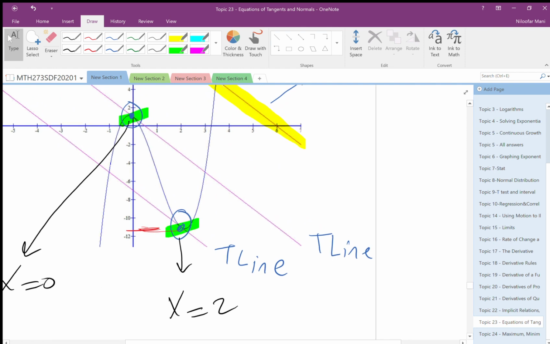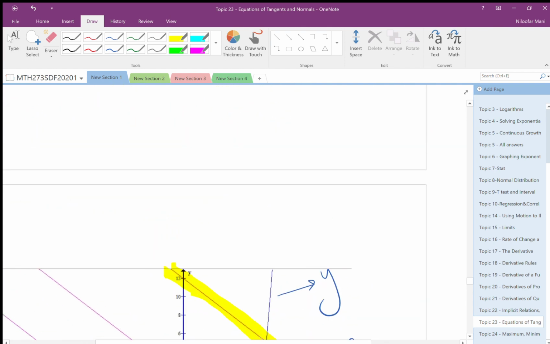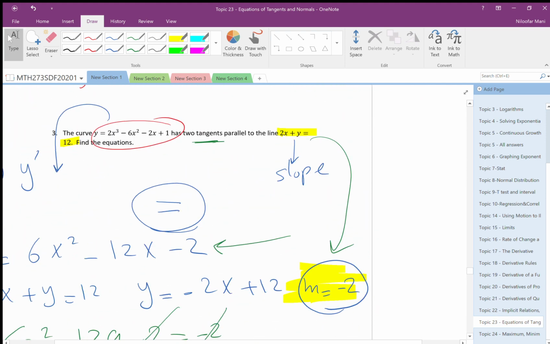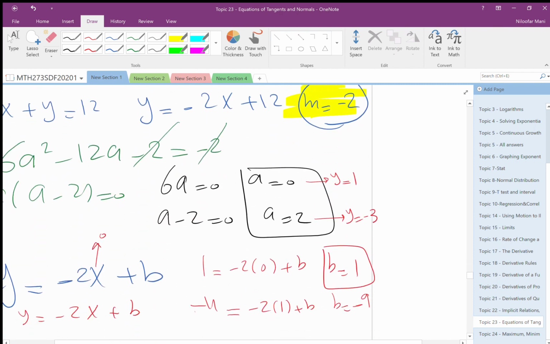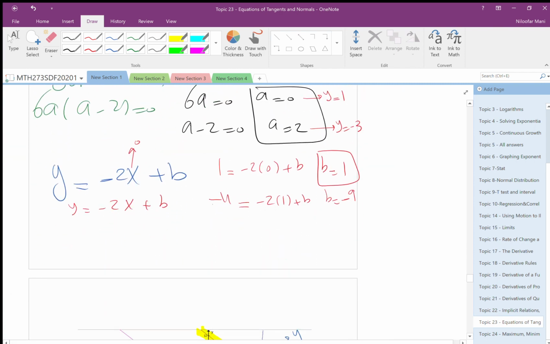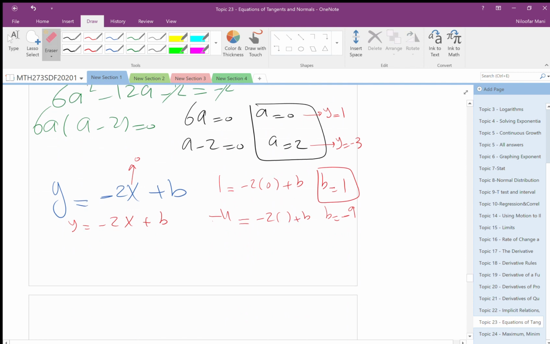It should be minus 7, so I made a mistake again somewhere. Did I say minus 11 for y? Yes. And sorry, x is 2, not 1. Okay, so I put 2 here, so it's minus 4. And then look at this.